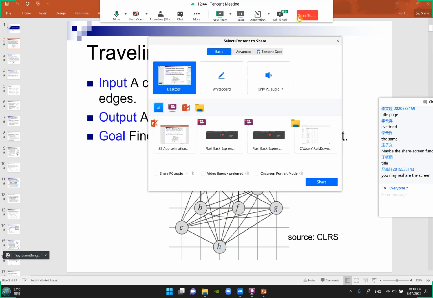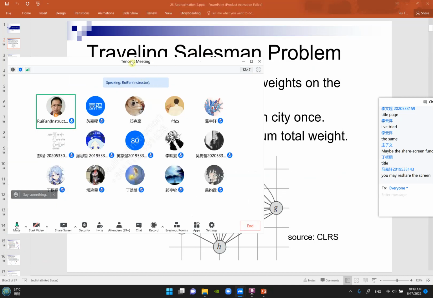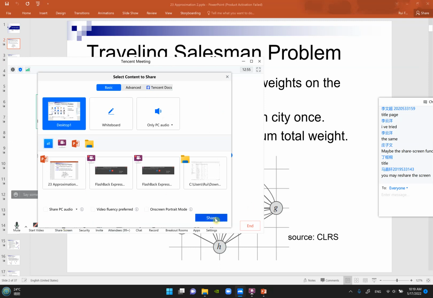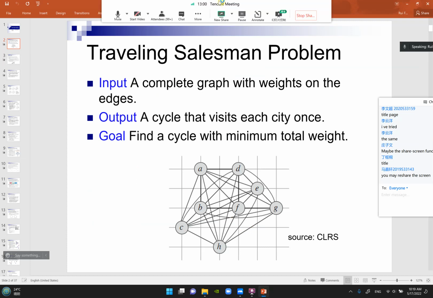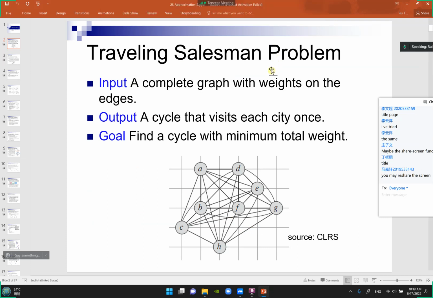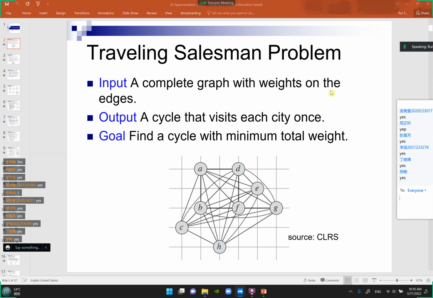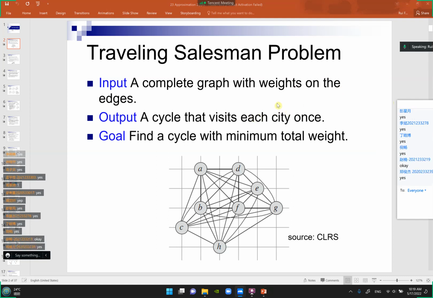Okay, sorry about this. Oh no, it's still not happening. Okay, I am sharing my screen right now. Can you see the second page with the picture? Okay, hopefully we don't have any more problems with that. Sorry about that. If there are more connection problems, just let me know.